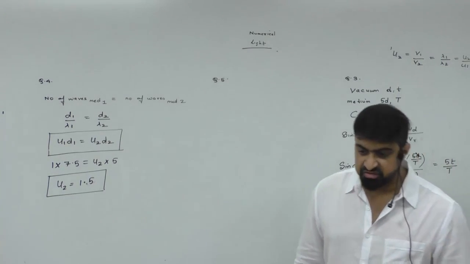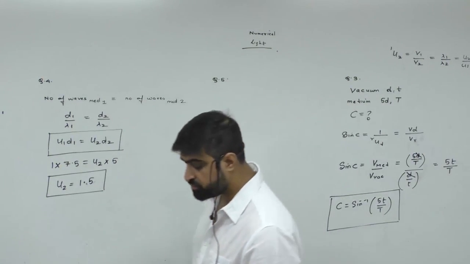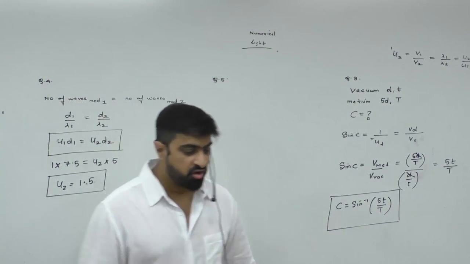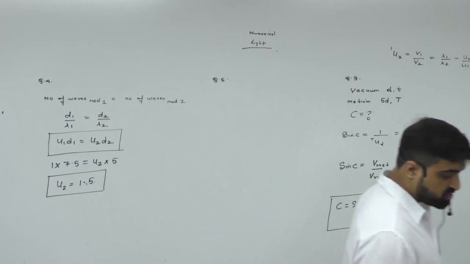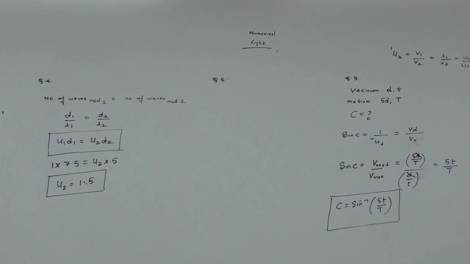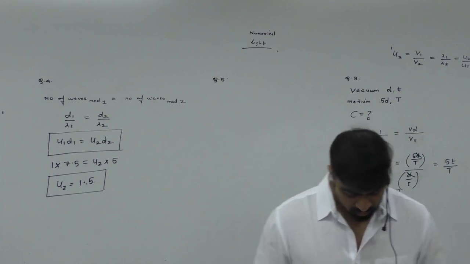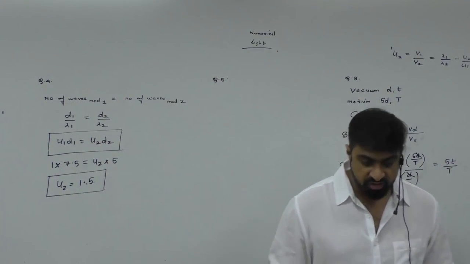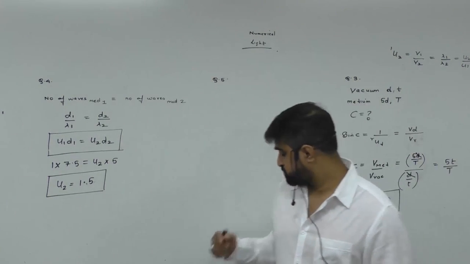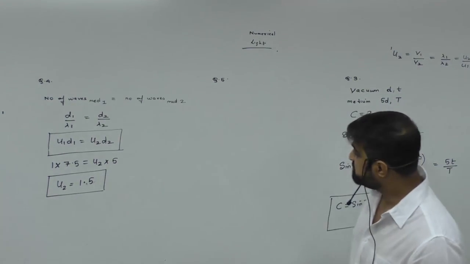A ray of light passes from vacuum to a medium of refractive index mu.